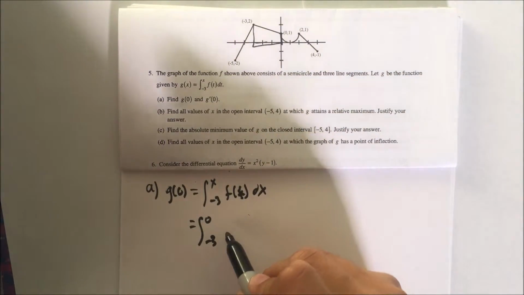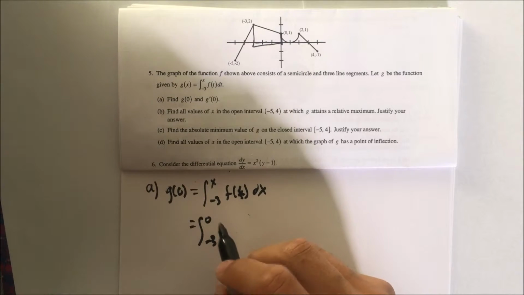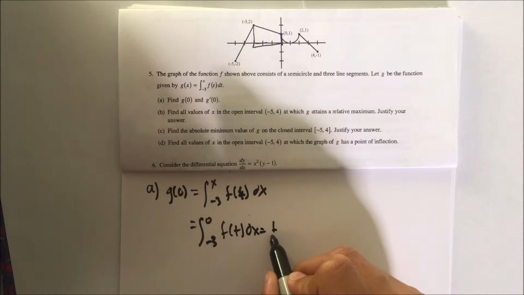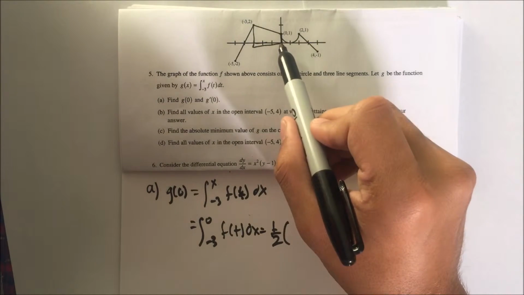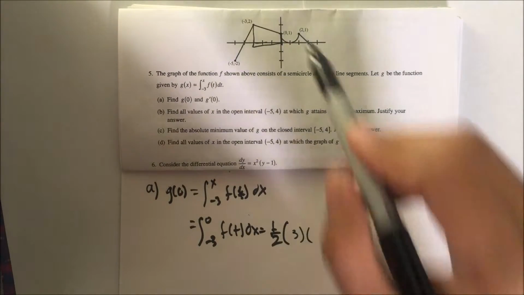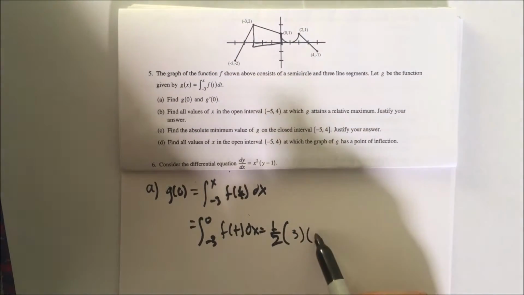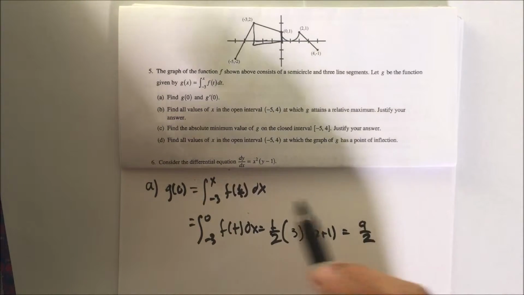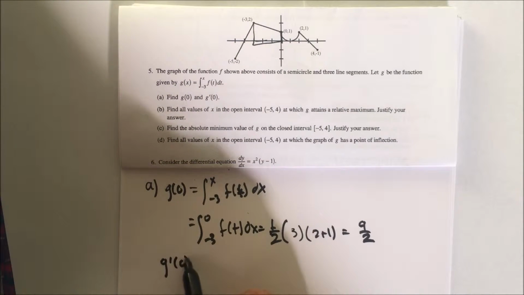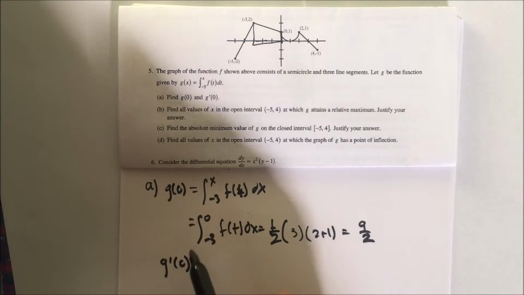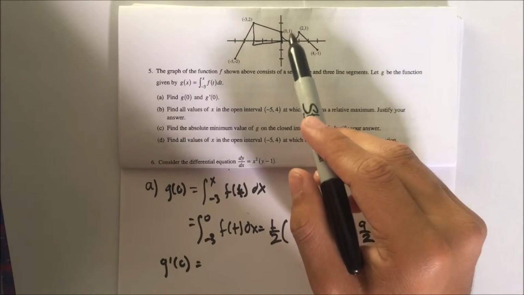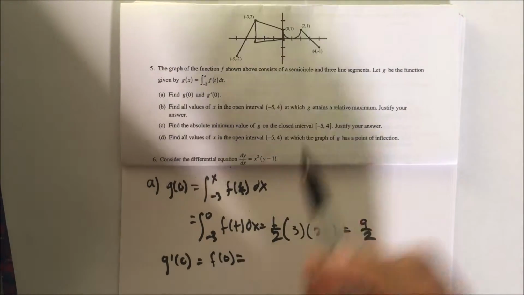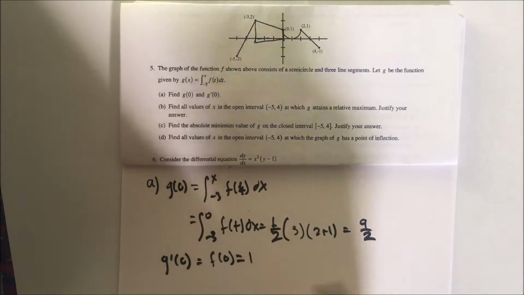So we have to find the area of the trapezoid, which is going to be 1/2 times the base, which is 3, times the height, and there's 2, so it'll be 2 plus 1, which you'll get 9/2. To find g prime of 0, you will have to look back at the original function f, the graph of f, and f of 0 over here is equal to 1.